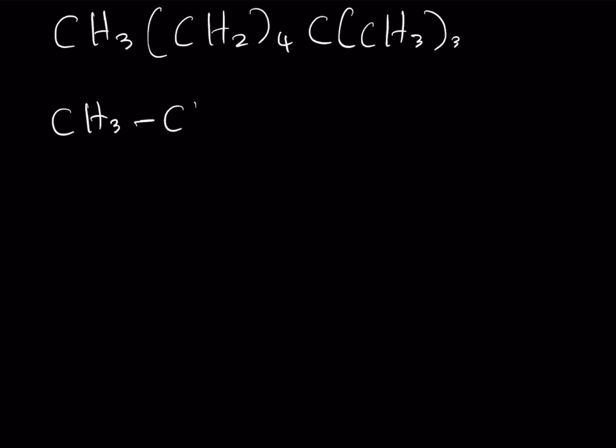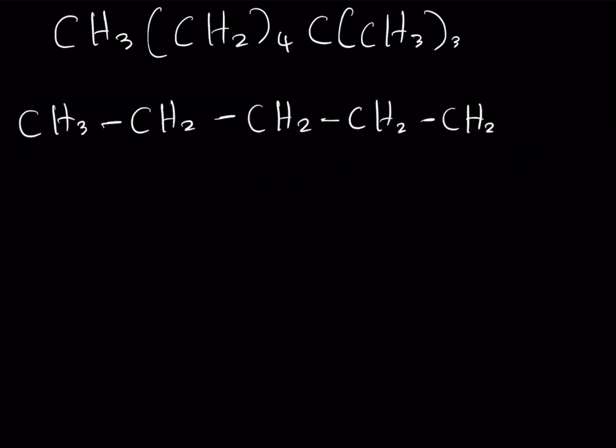So you have a CH2, and then you repeat it 4 times. So that's twice, 3 times, and 4 times. Now on the right end, you have a single carbon, and it has 3 methyl groups attached to it. So those methyls are going to be CH3s.